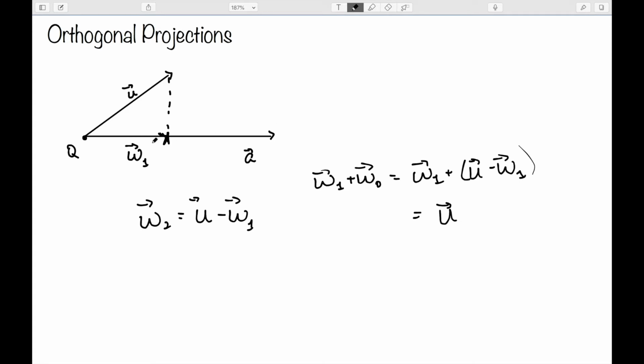One that's a scalar multiple of A, and the other one, W2, is actually going to be orthogonal to A.